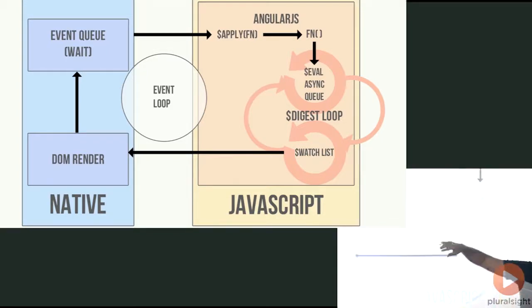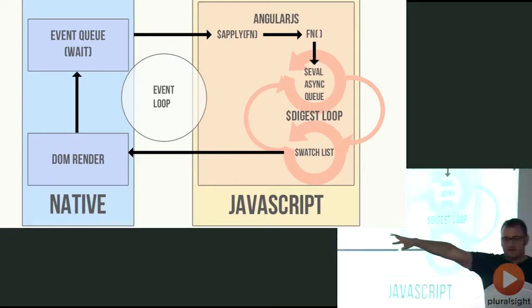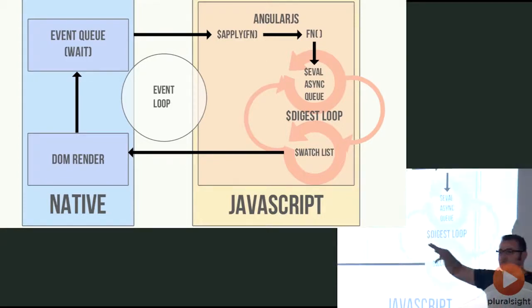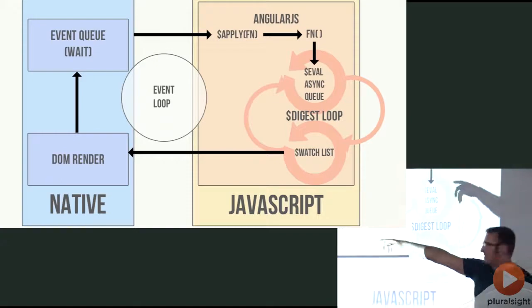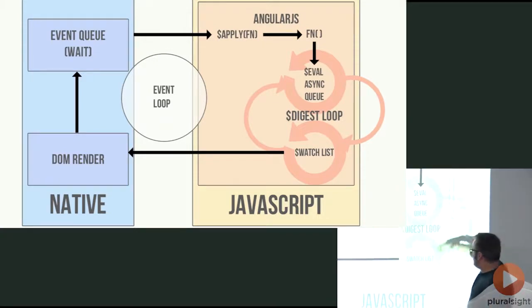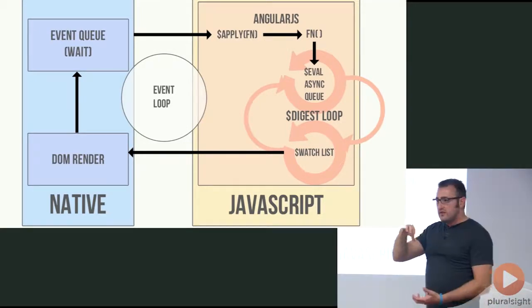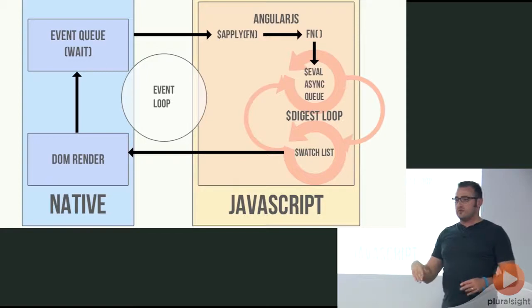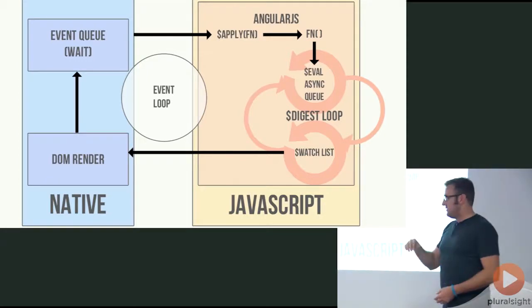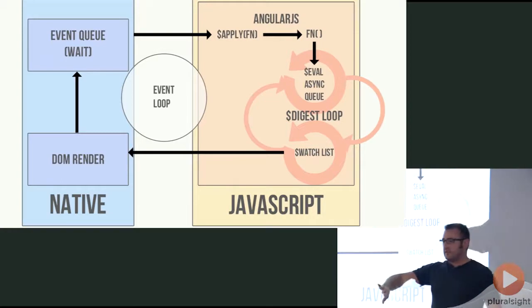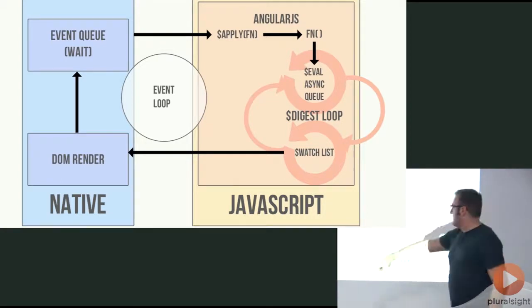Like ng-click, it'll be like, do this thing. So you'll have certain things that kick it off. That's what this apply function will say, go and do this particular thing. From there, it kicks off this digest loop, which is two sub loops under the hood. So when we say digest cycle, it's actually two things. One, you have this watch list that's going through and saying, these are the things that have changed.